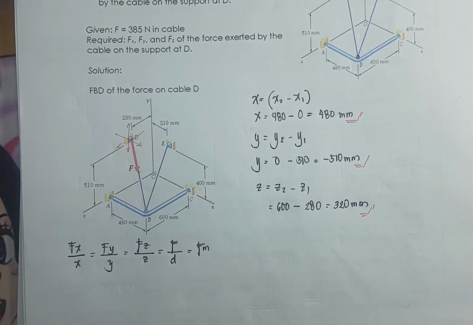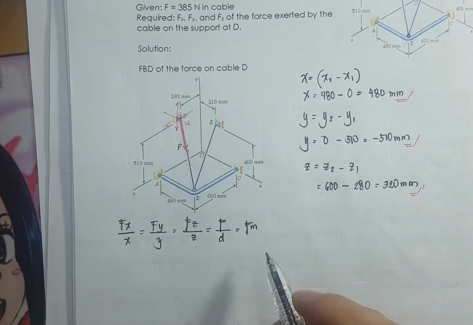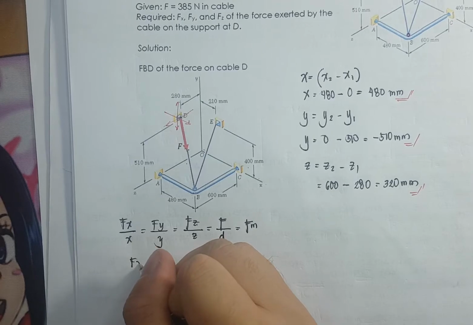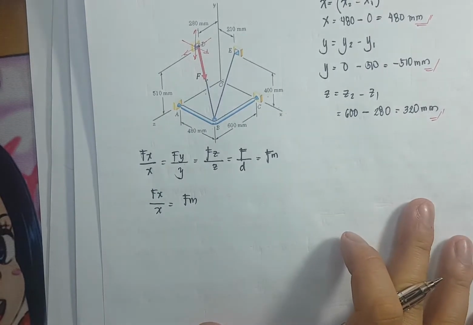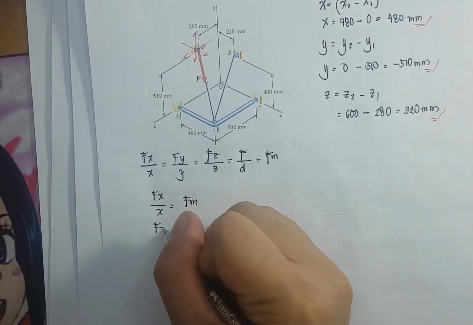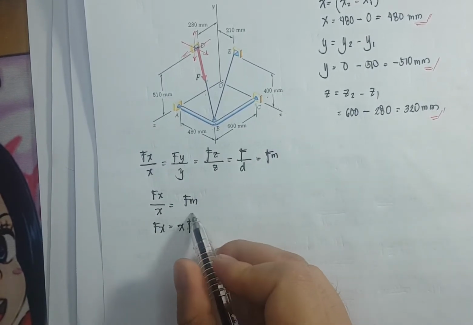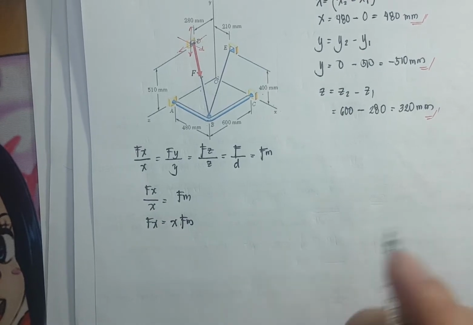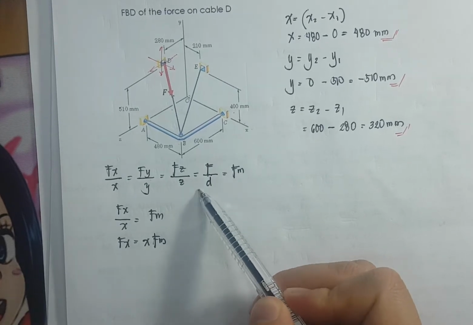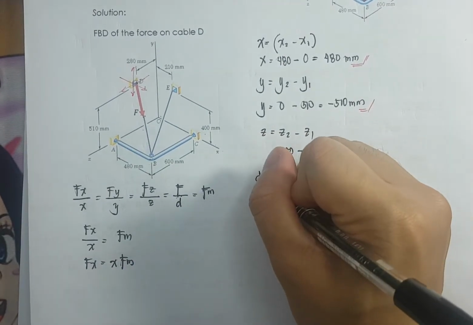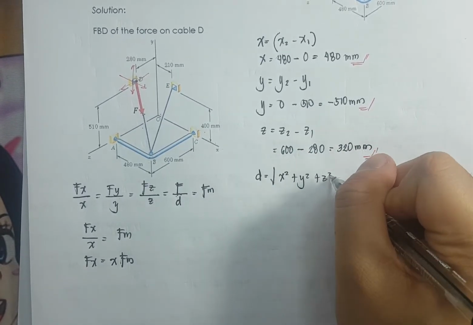In order to solve for the values of fx, fy, and fz, from this equation, we can say that f of x over x is equivalent to f of m. Cross multiplying, f of x is equivalent to x times f of m. But we do not have the value of f of m. So what I need to do is to solve now the value of f of m. I have a force and I can solve for the distance. Solving for the distance, d is equivalent to the square root of x squared plus y squared plus z squared.